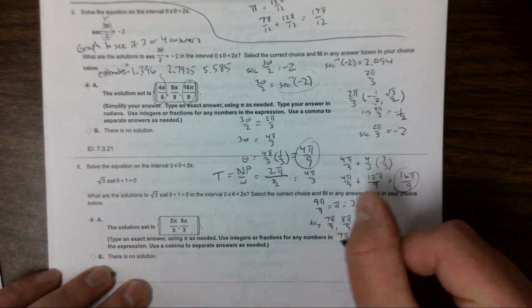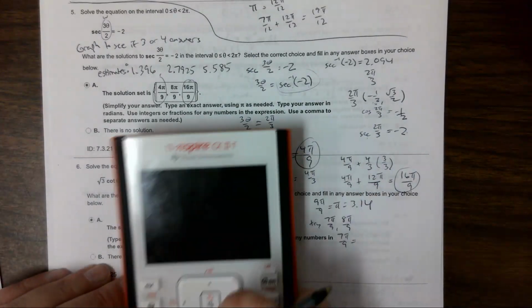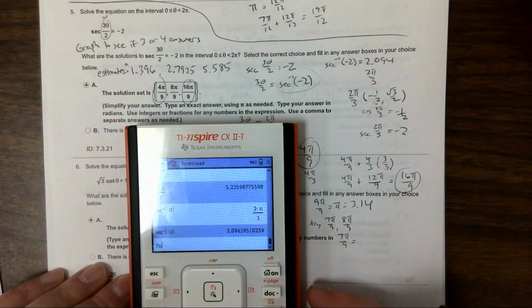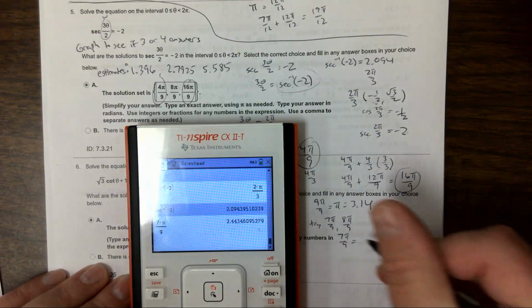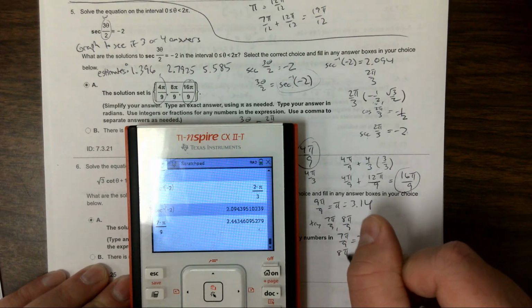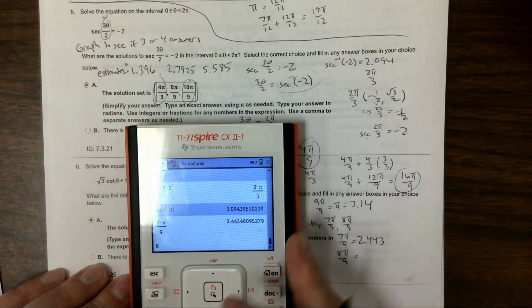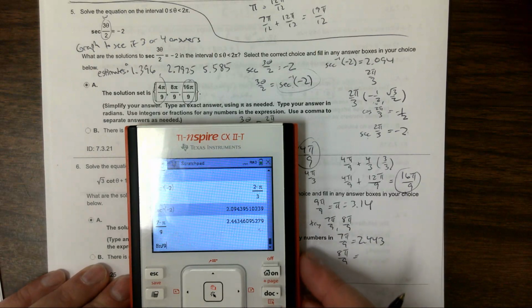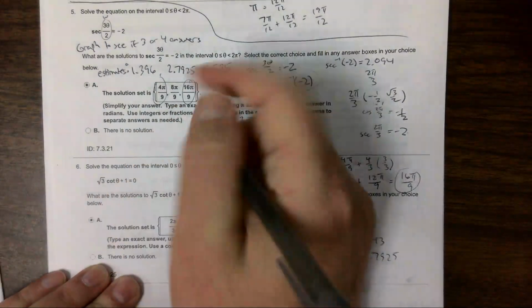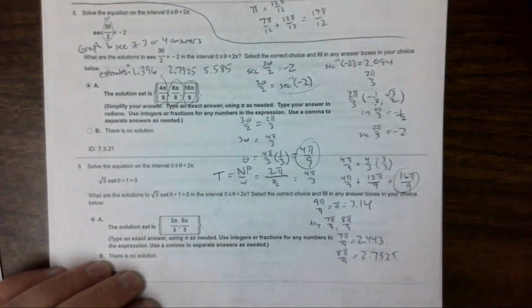So 7 pi over 9 is, survey says, 2.443. 8 pi over 9 is 2.7925. And that is what we want.